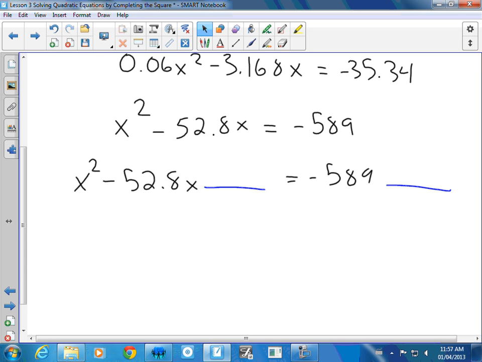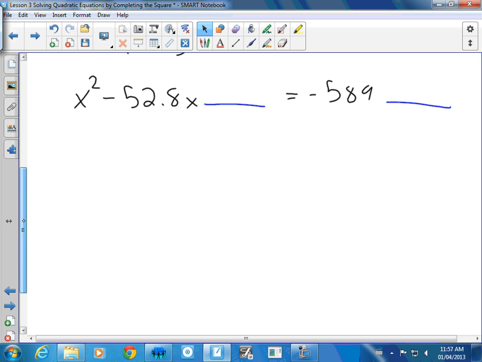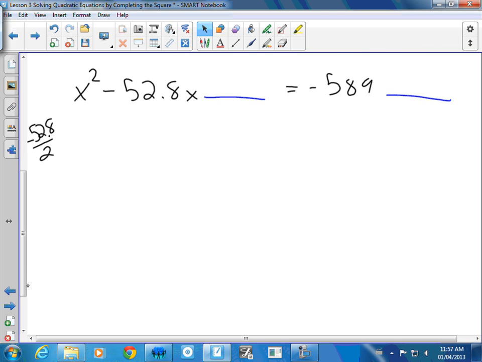What number am I dividing by 2? Careful. Negative 52.8 divided by 2. And what are we going to do with this number?